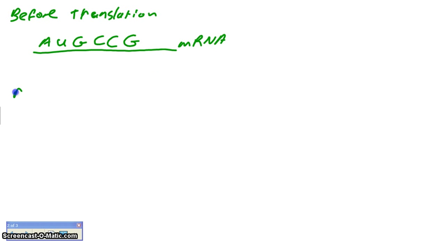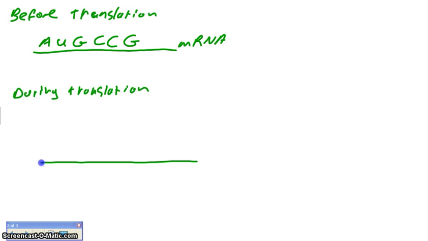Then during translation, for the sake of trying to be accurate, we're going to zoom out. We're going to have our mRNA, and our ribosome, the small part and the big part, and then our tRNA.